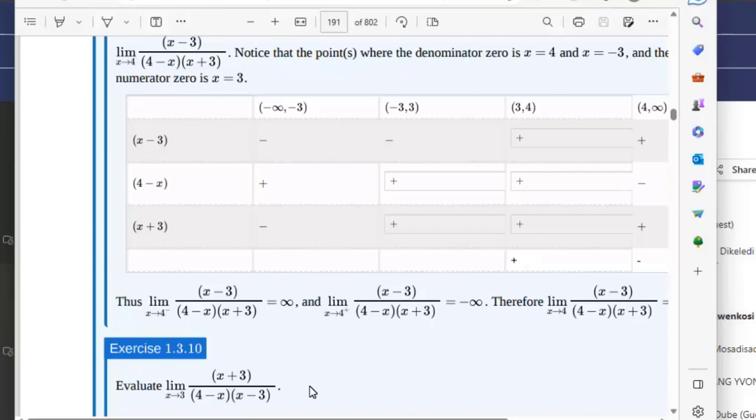I just substituted where there is x, I put 3. So 3 plus 3 plus 6, then divided by 4 minus 3, which is 1, times x minus 3, which is 0. So I said 6 divided by 0. So I said 0.